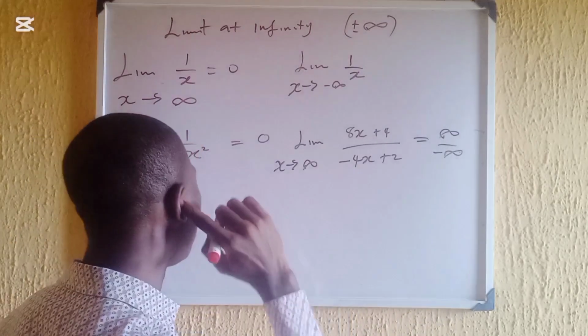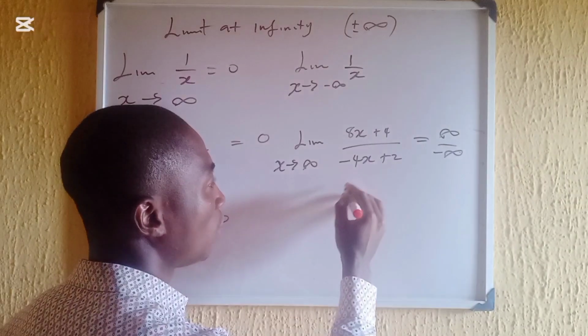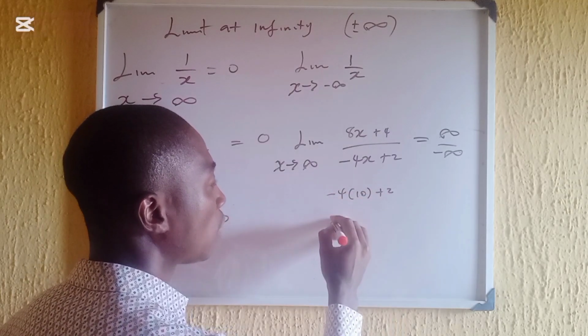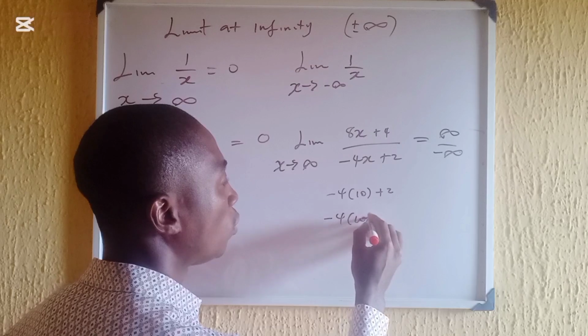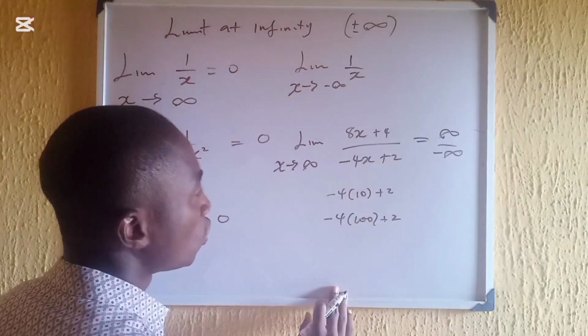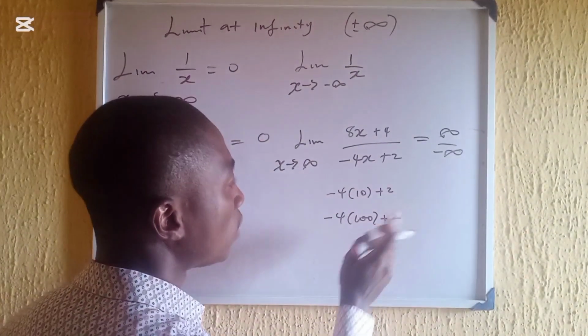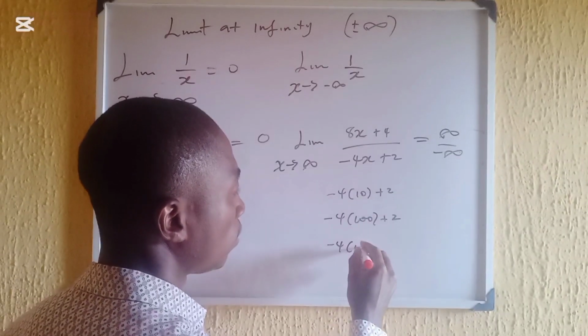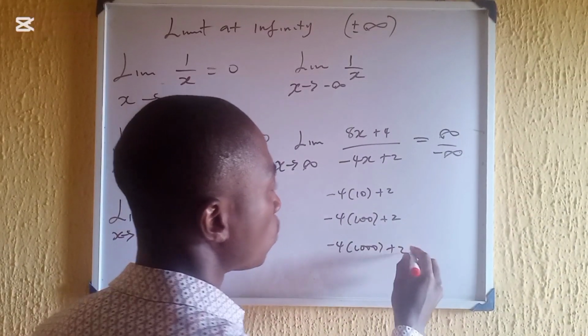So let's say for the first number we have minus 4 into 10 plus 2. Then for the second number, minus 4 into 100 plus 2. So you can see that we're increasing x. We can also say minus 4 into 1000 plus 2.